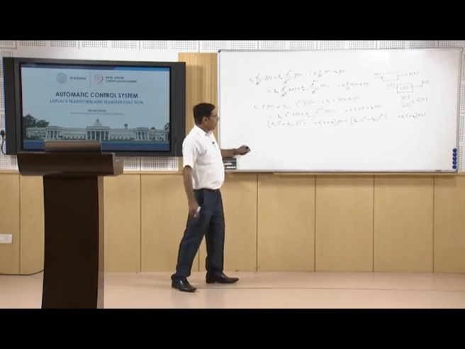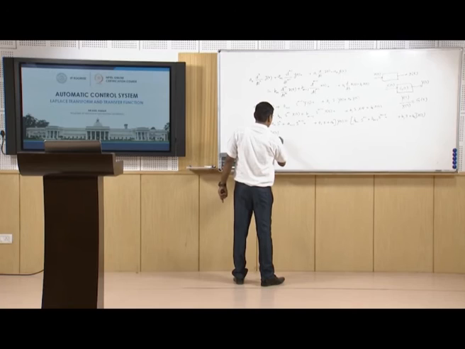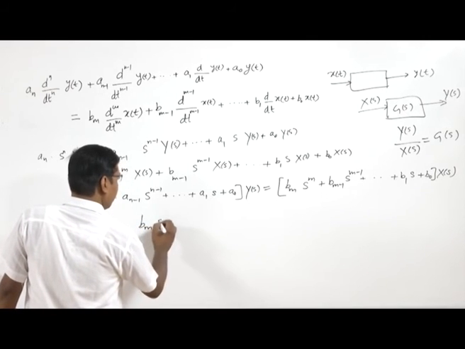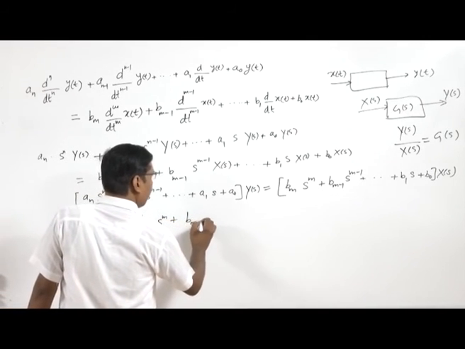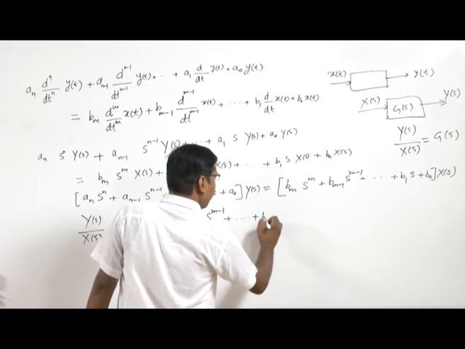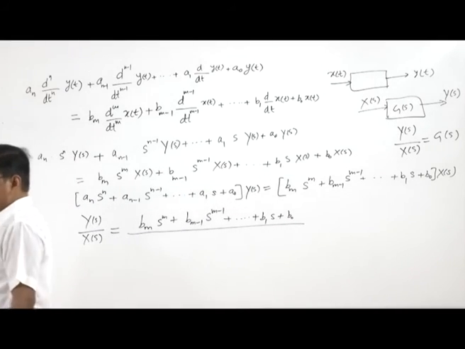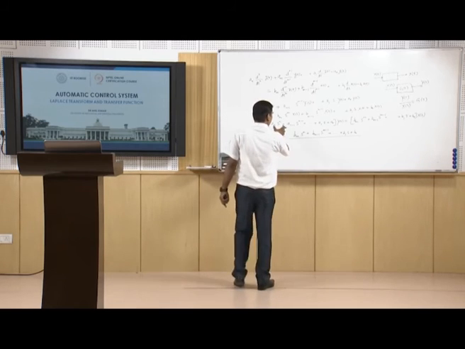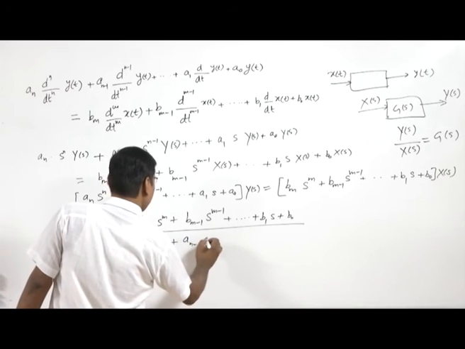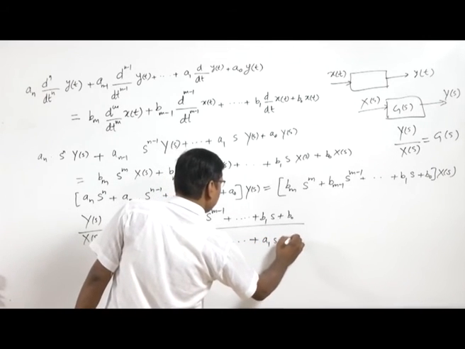So now we have to find the Laplace transform G(s), and G(s) is Y(s) by X(s). So here Y(s) by X(s) is equal to b_m s^m plus b_(m-1) s^(m-1) plus b1 s plus b0 upon this term, a_n s^n plus a_(n-1) s^(n-1) plus a1 s plus a0.